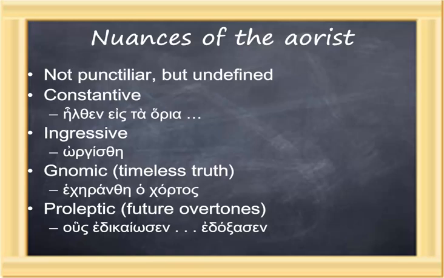Again, the more you work with the aorist, the more you'll realize the action is undefined and determined by the context, not by the form. And so a rigid translation with a simple past, a punctiliar translation, doesn't always work. Some of these other ways of conveying the aorist are inferred through the context.